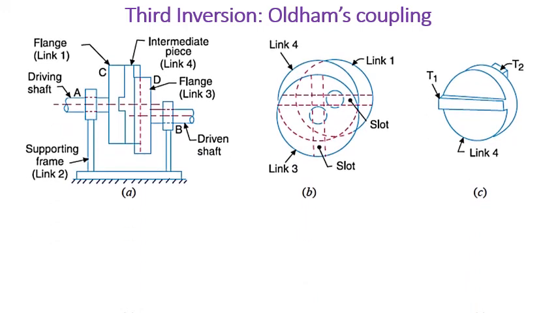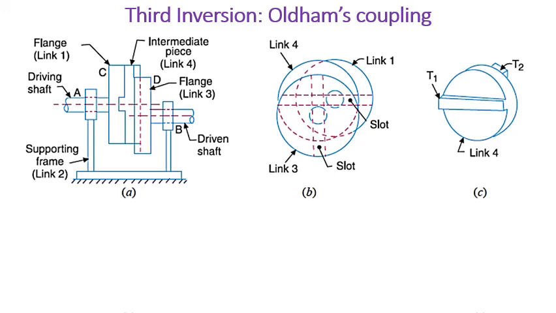So next one, third inversion of double slider crank chain. The example is Oldham's coupling. So usually couplings are used to join two shafts, whether intersecting or non-intersecting, with the help of couplings. Here Oldham's coupling is a type of coupling used to join two parallel non-intersecting shafts.